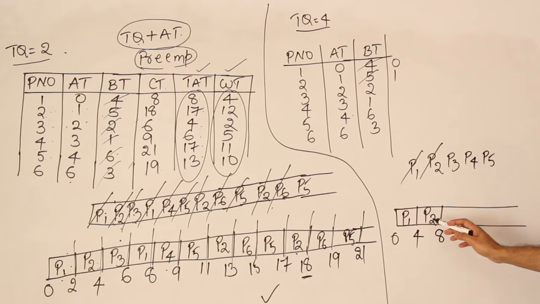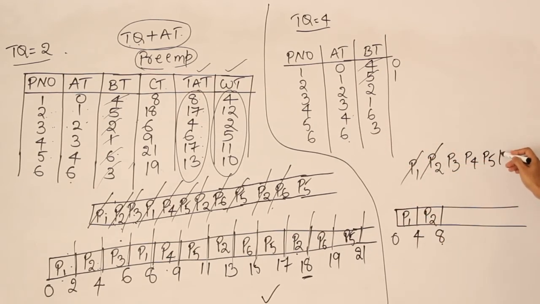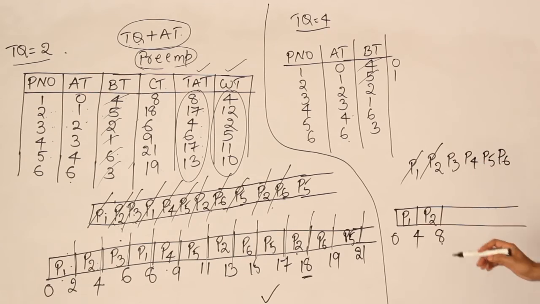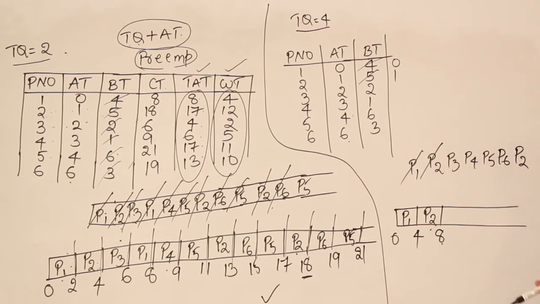By the time P2 is over, the time is 6. So by this time the process P6 is available, therefore P6 will be added to the queue. And now even P2 has to be added back because it still needs 1 unit, therefore I am adding P2 back.